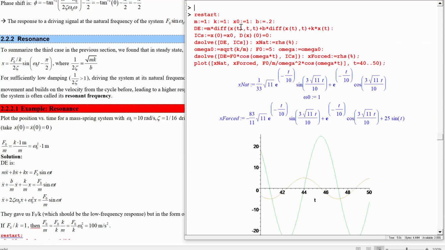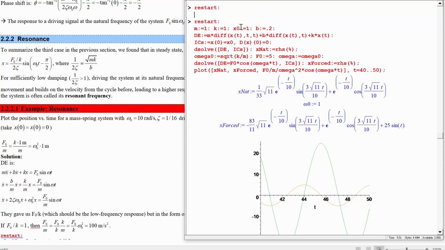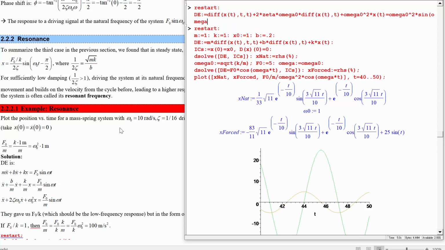So let's fire up Maple here, and we'll put in this differential equation. dE is equal to diff of x at t with respect to t twice, plus 2 times zeta times omega naught times diff of x at t with respect to t, plus omega naught squared times x at t is equal to the thing that we figured out, F naught over m, omega naught squared times sine of omega t.